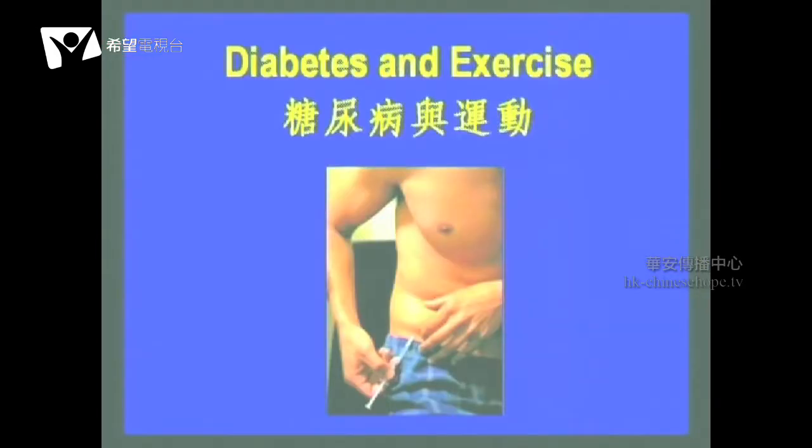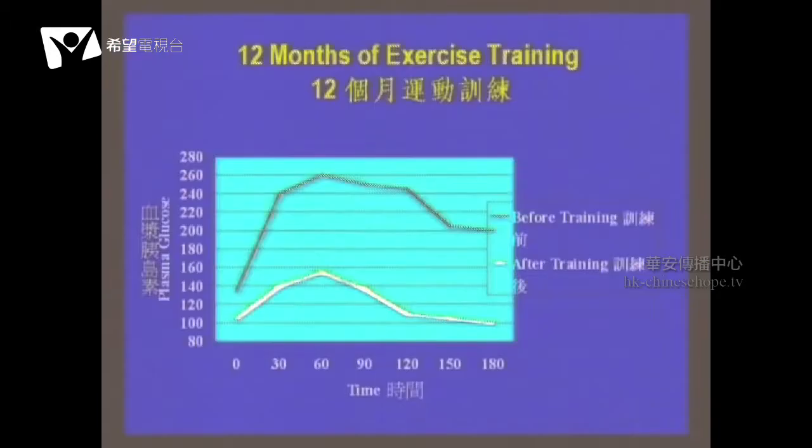In the graphic that you see here, you have a study done with volunteers for 1 year. Before and after the program, the participants took what we call the glucose tolerance curve.